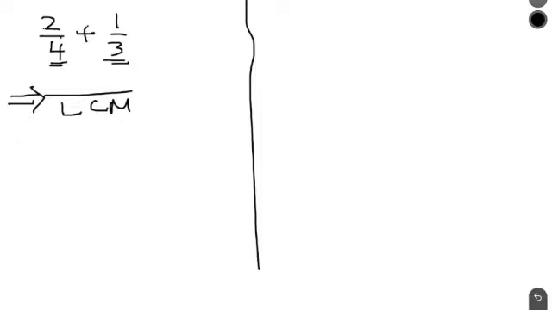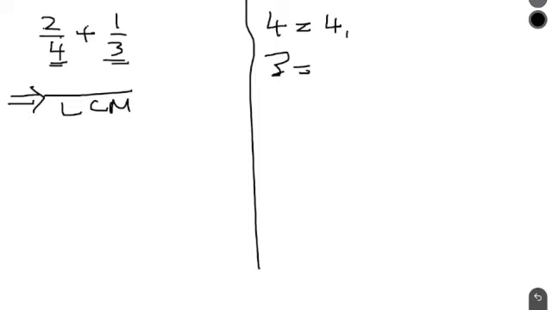And I actually made a video showing how to calculate or find the lowest common multiple. But to find it, you want to list all the multiples of the denominators that we're working with. In this instance, it would be the 4 and the 3. So we would take the 4 and find the multiples of 4.